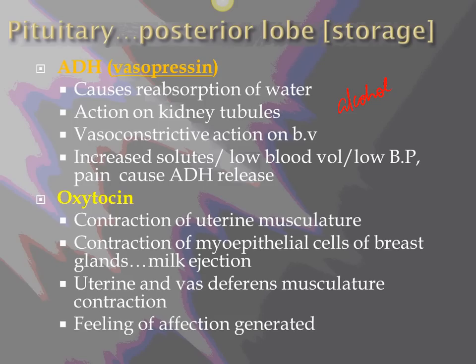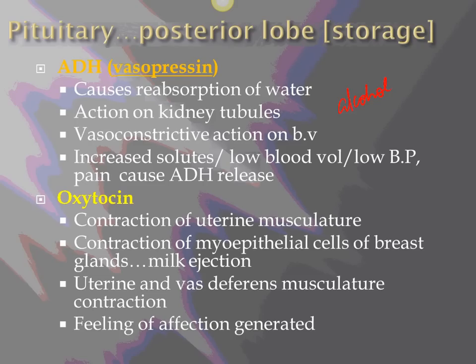But alcohol, even shots, by itself, depresses ADH release. So which is why you might have noticed that whenever you have alcohol, you tend to pass urine more often, and you can get dehydrated if you don't keep drinking water alongside, okay? So alcohol has the opposite effect. It depresses ADH release.